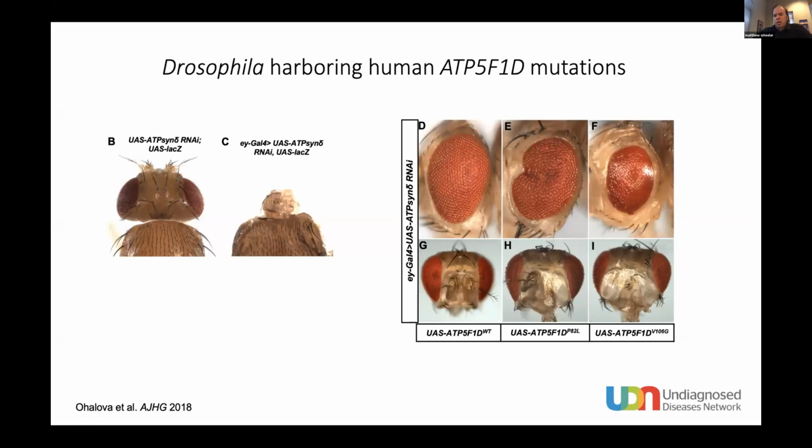And so the eyes and antenna still had defects, and they had defects similar to other partial loss of function genes that were known to be associated with mitochondrial disease.